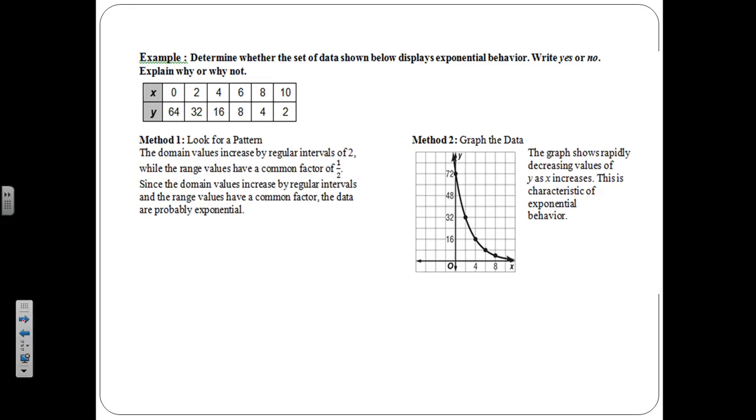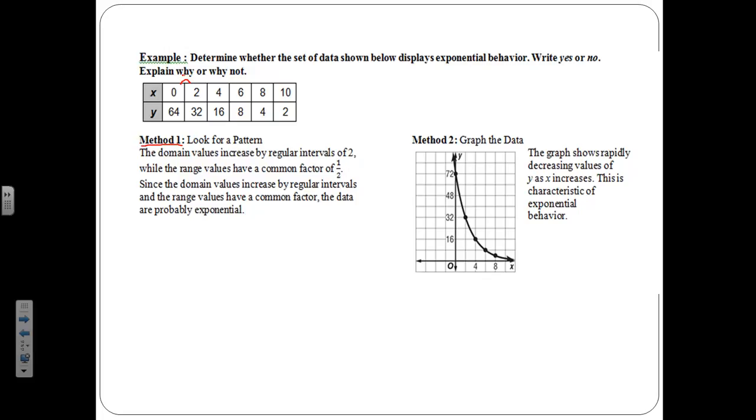So let's look at the example. We want to determine whether the set of data shown below displays exponential behavior. We would write yes or no and then explain why or why not. So method 1, we're going to look for a pattern. So let's look at the table.